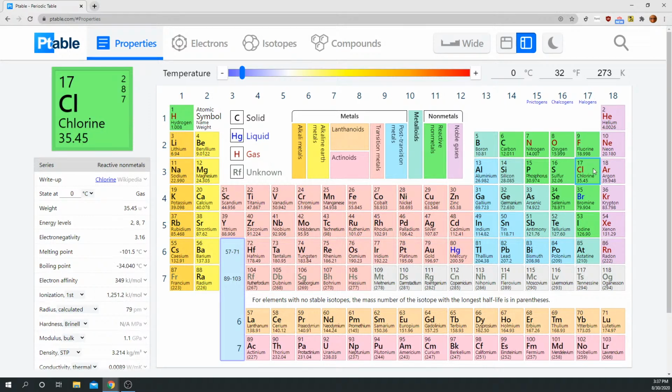Chlorine, 1s2, 2s2, 2p6, 3s2, 3p5. It ends at 3p5. Bromine, likewise, ends at 4p5. Iodine, 5p5. Astatine, 6p5. So they all end with 5 p electrons. They all have the same valence situation going on there. So that is why they have the same kinds of chemical properties.